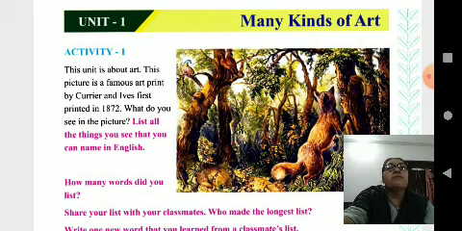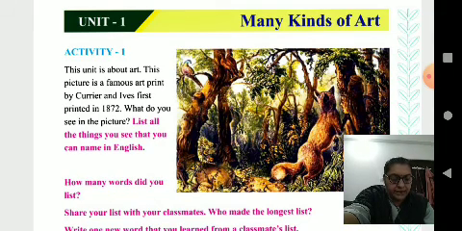This picture is a famous art print by Currier and Ives, first printed in 1872. What do you see in the picture? So, we see a fox standing on its rear legs.